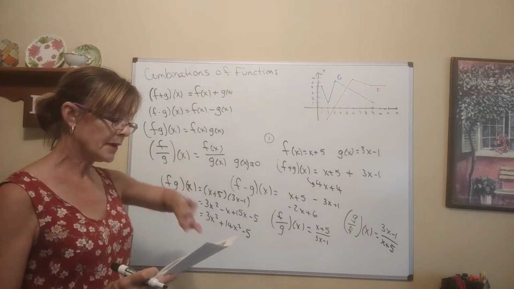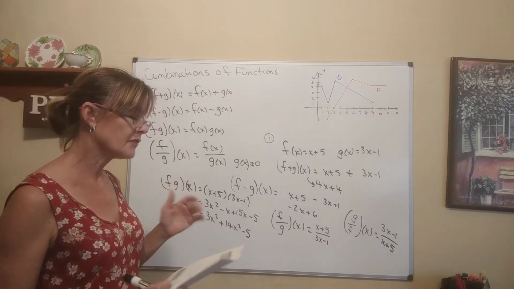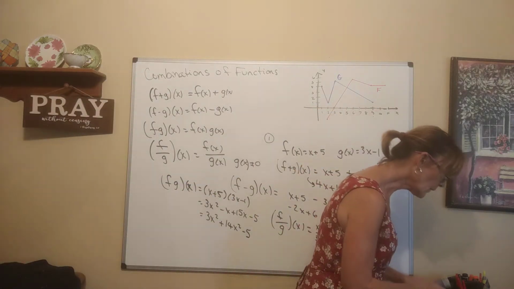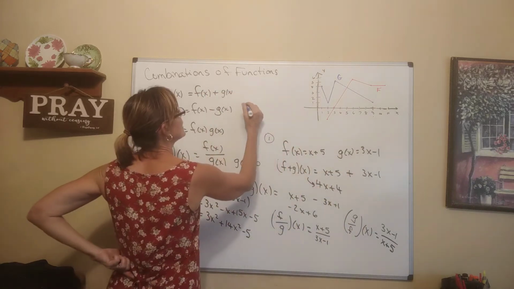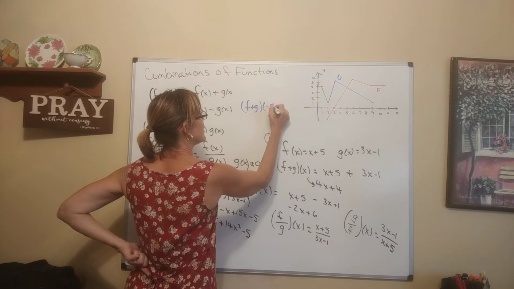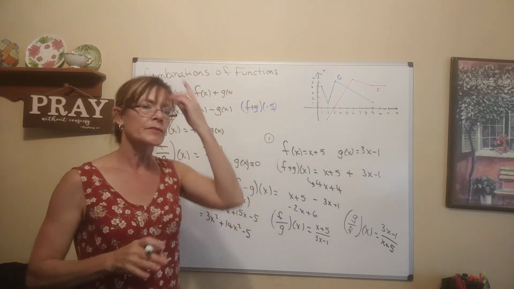Now look at part B. Part B says f plus g of -5. I'll do that in blue. You have two choices here.